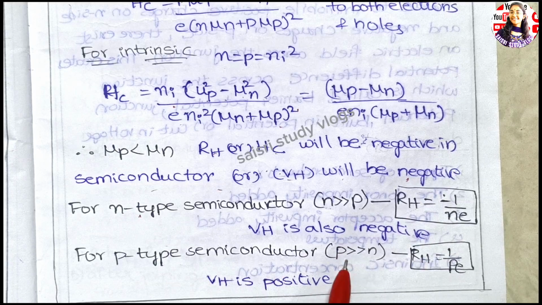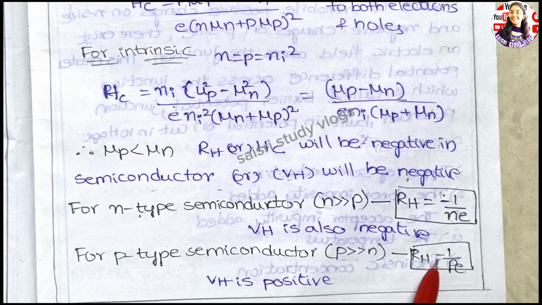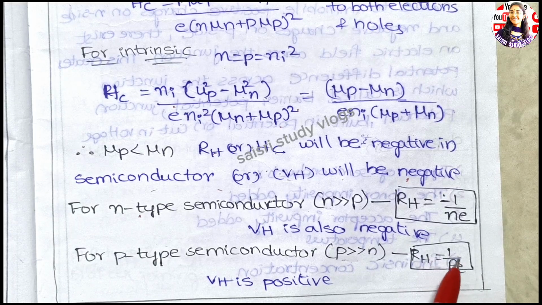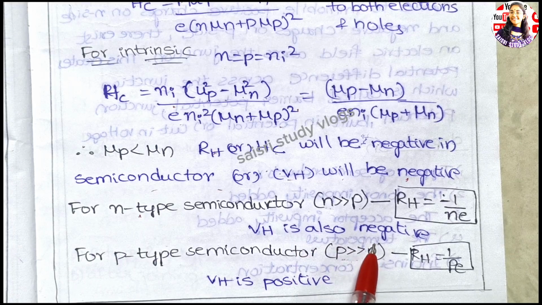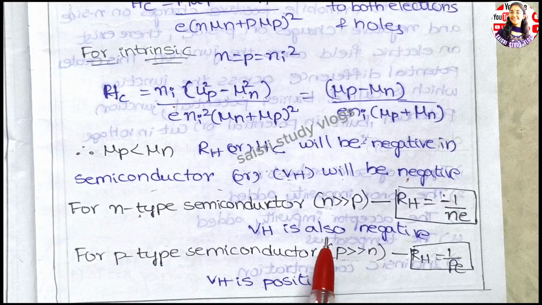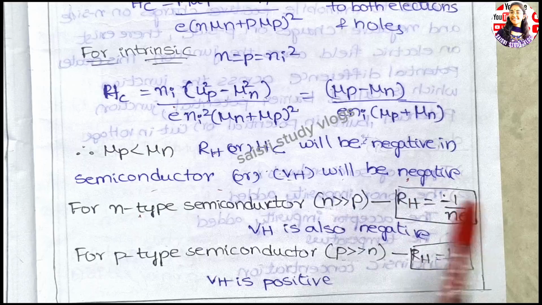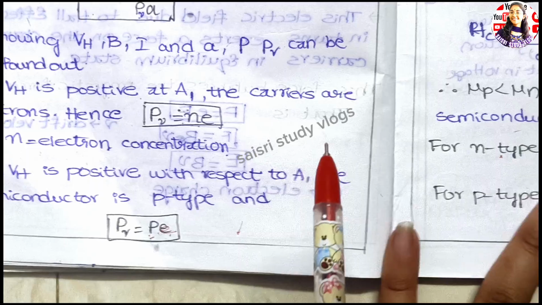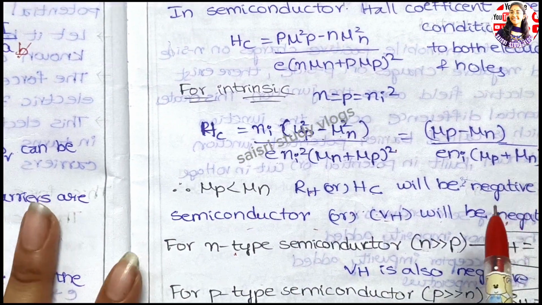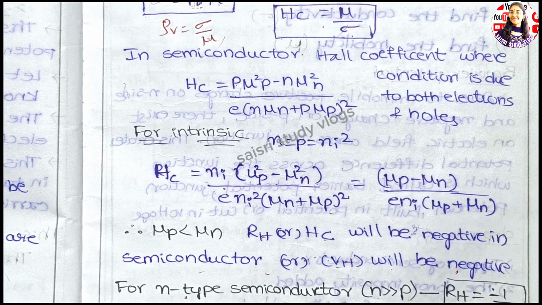And for the P type, the holes will be in maximum number, so it is the reciprocal of the volume charge density, that is 1 by pe. So here VH is positive, here VH is negative. So this is the Hall coefficient. If they ask about the Hall effect, writing up to here is enough, but if they ask about the Hall coefficient and all, then you have to write out all these things.